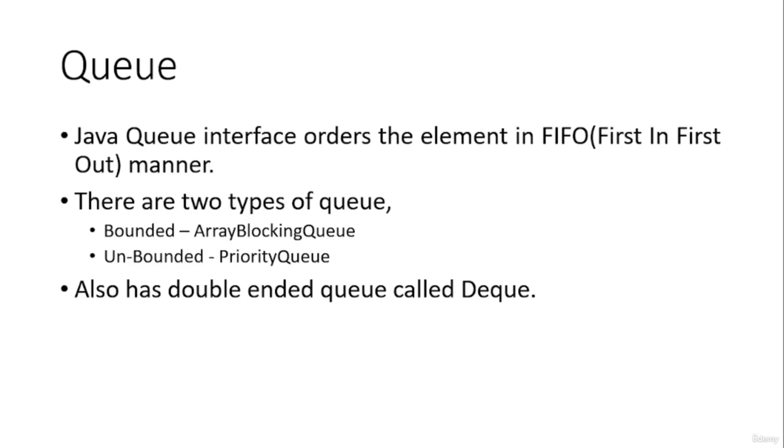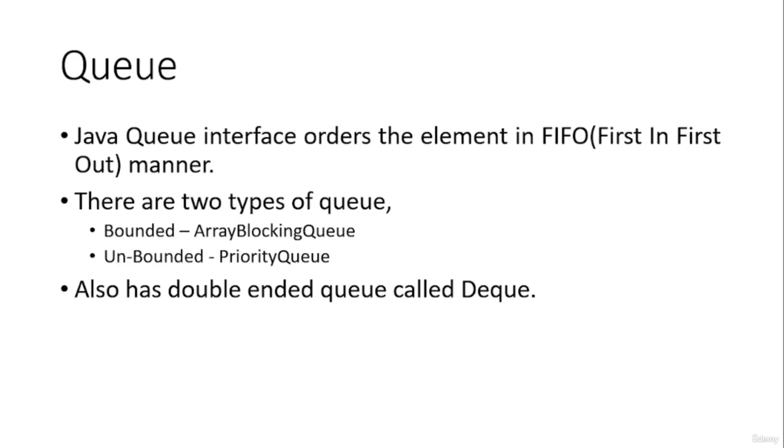Unbounded queues don't have any bounding, which means the queue can have any number of elements. An example of an unbounded queue is PriorityQueue, and an example of a bounded queue is ArrayBlockingQueue.